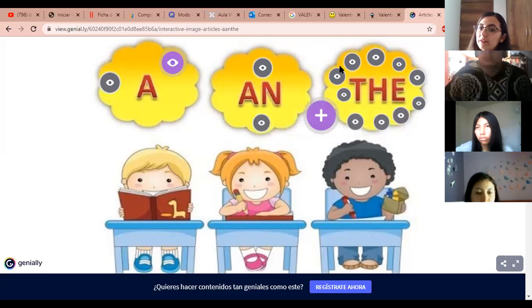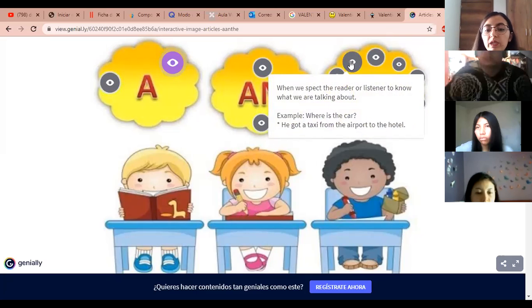So, let's see the final use of this article the. Vamos a ver un último uso de este artículo. And it would be when we expect the reader or listener to know what we're talking about. Esto es algo de lo que ustedes ya hablaron con Teacher Jenny, ¿sí? Cuando la otra persona con la que nosotros estamos hablando o que está leyendo ya sabe de lo que nosotros estamos hablando, ¿no es cierto?